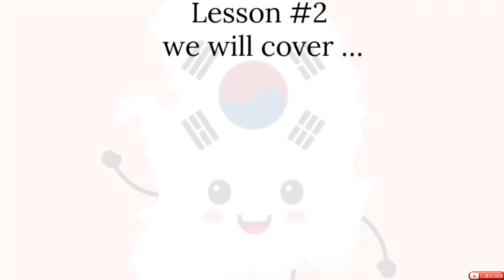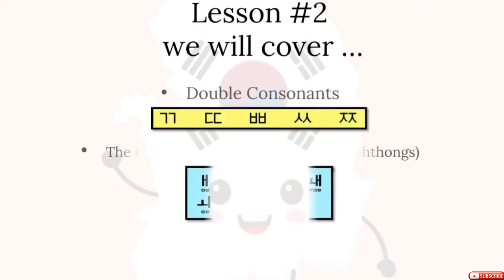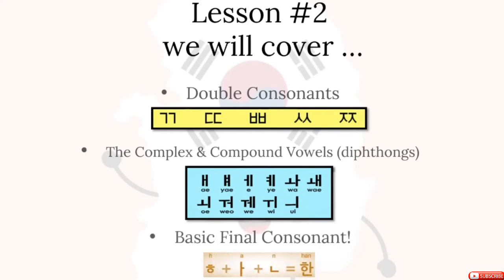For lesson 2, we will cover the double consonants that look like this. Next, we will cover the complex and compound vowels, so-called diphthongs. And finally, we will cover the basic final consonants, which is basically to put them all together like a puzzle, or some say like a Lego.